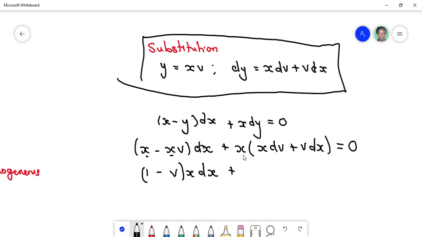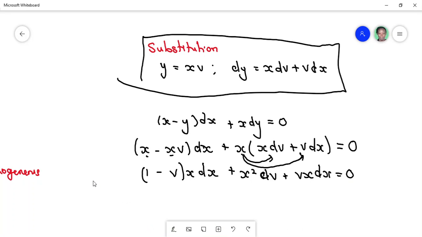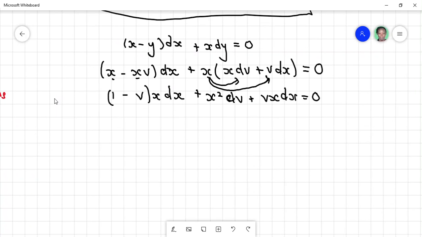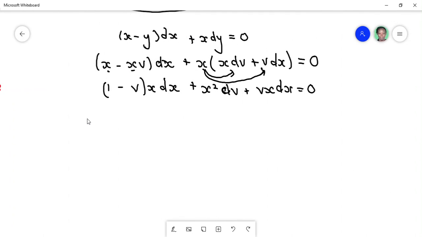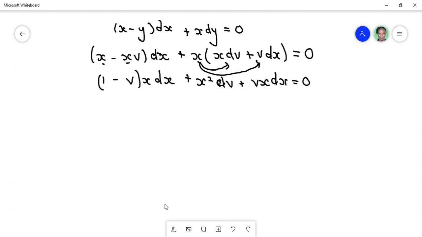Plus, let's simplify this: x multiplies that and multiplies this as well, so I have x squared dv plus vx dx equal to 0. The purpose for doing this substitution is just to make our differential equation separable, so that we could solve using the method of separation of variables.